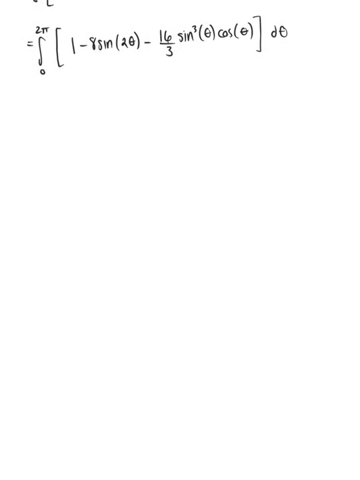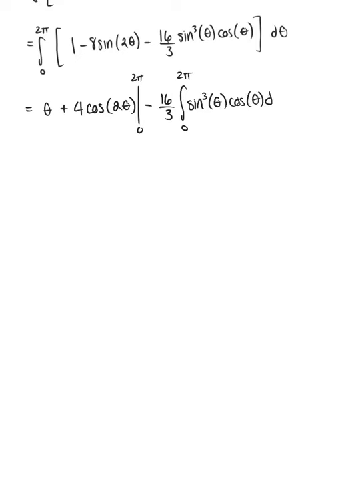So the first two parts are just general antiderivatives. So this will integrate to theta. Then we have plus 4 cosine of 2 theta. And then with the second part, I'm just going to distribute our integral through to it. So this will be minus 16/3 times the integral from 0 to 2 pi of sine of theta cubed times cosine of theta d theta.